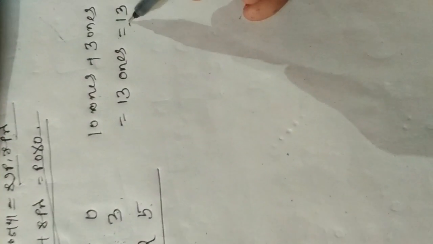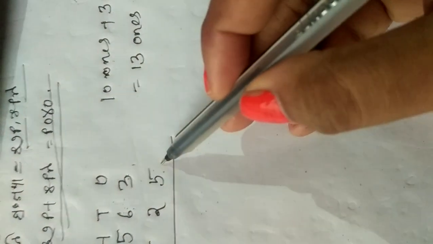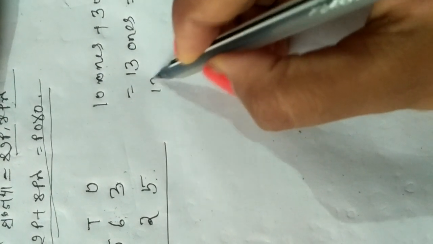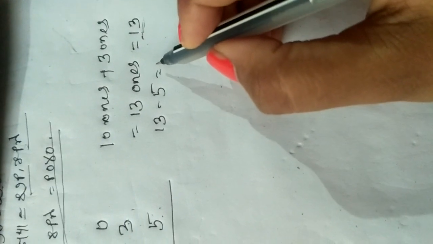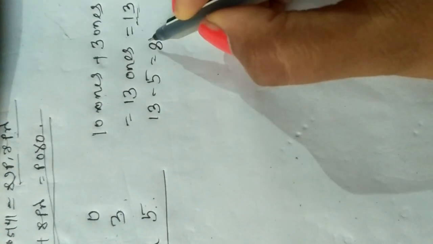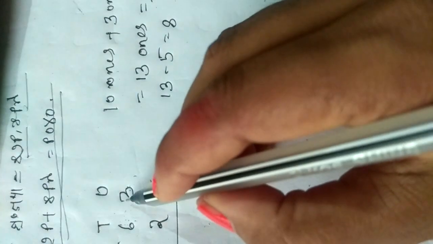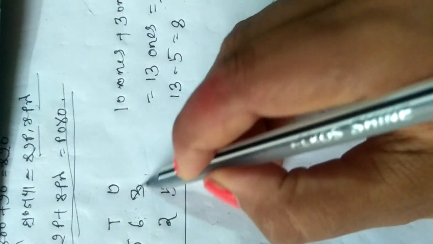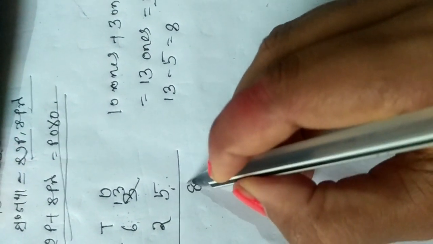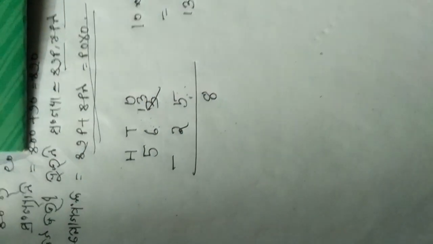Then students, 13 being bigger than 5, we subtract. 13 minus 5 is equal to what? Yes, 8. So this place becomes 13, we subtract 13 minus 5 is equal to 8, and we write 8 in the ones place.